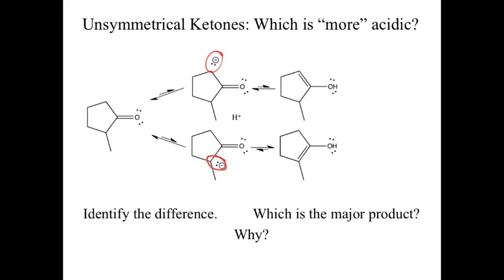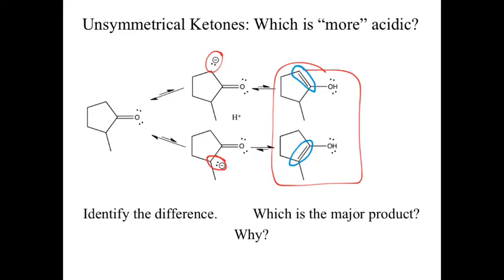So what do I mean by that? Well, if we look at thermodynamics, it's the raw stability at the end of a reaction. So if we now compare these two structures, which of those is more stable? Well, to figure that out, you have to decide where's our difference. So we might say the alcohol, oh, the alcohol's more. Well, the alcohol's the same in both cases, so that doesn't work. Well, then the next move is to the alkene. And we look at the alkene.